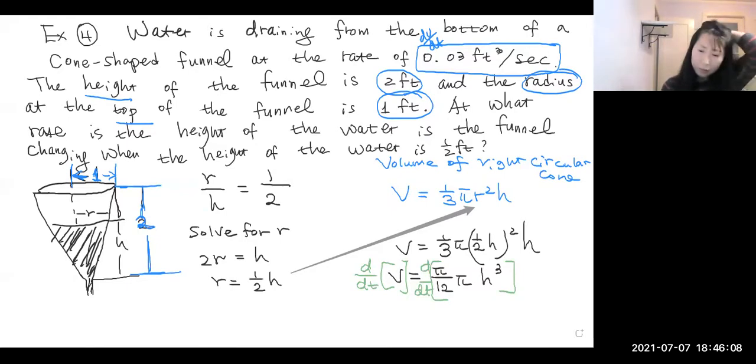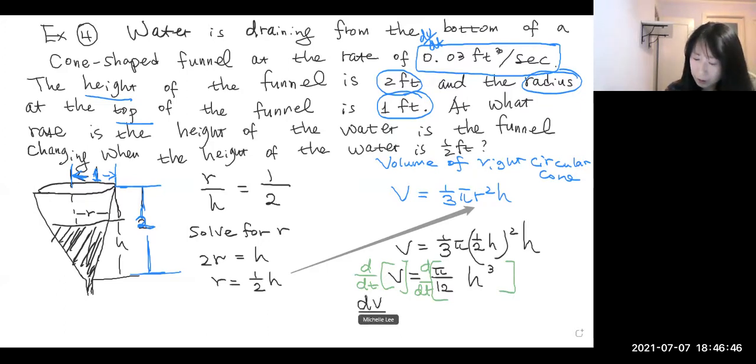So what do you get from this one? Oh, why do I have H? Sorry, something is wrong. Hold on 1 second. So that's a 2, 4, right? So this one should not be H cubed there, right? So derivative of V, left side, with respect to t, what do you get? dv over dt.